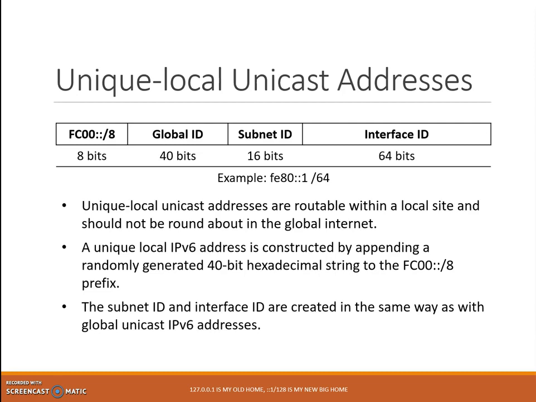The subnet ID and the interface ID parts are created in the same way as with global unicast IPv6 addresses. The first hextet has a range from FC00::/8 to FDFF::/8.